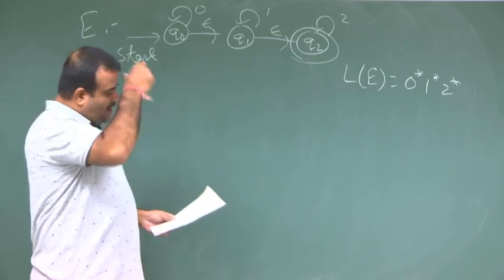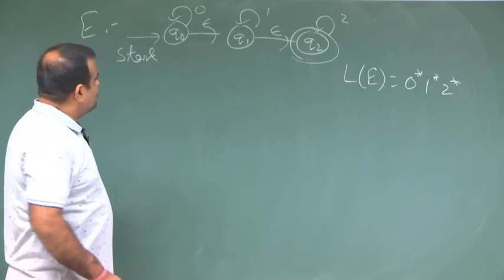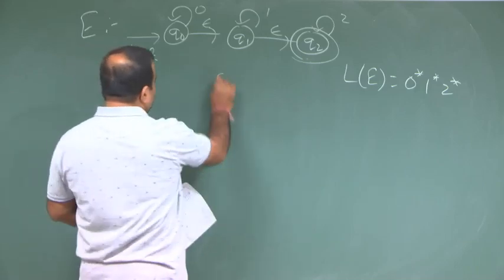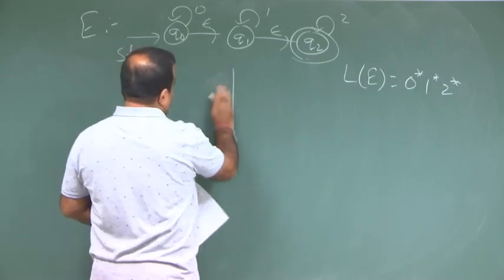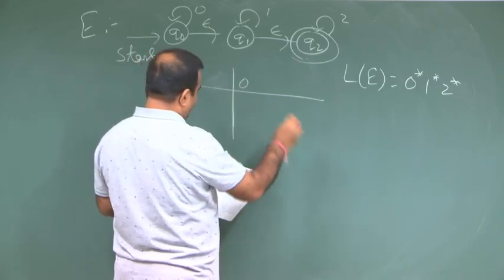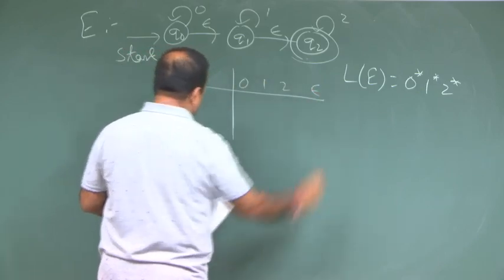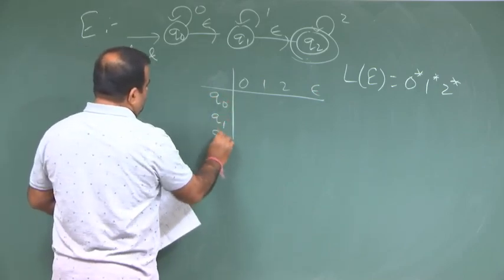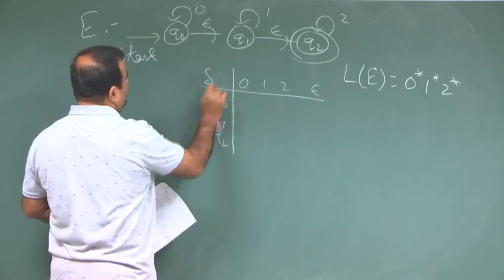Now, we want to construct the equivalent NFA. So, to construct, we can first write the rules. So, this is 0, 1, 2, epsilon and these are the states q 0, q 1, q 2 and this is our delta.